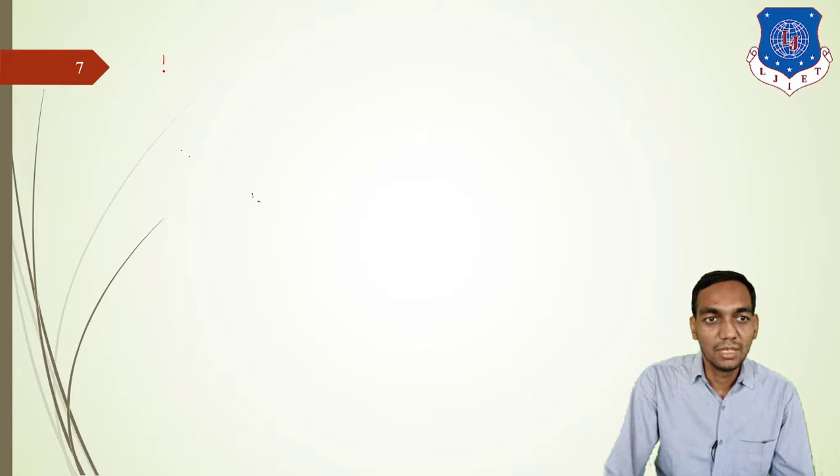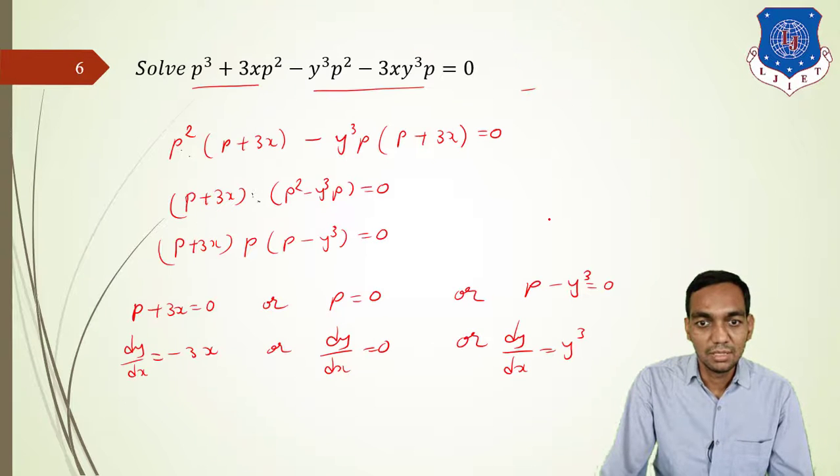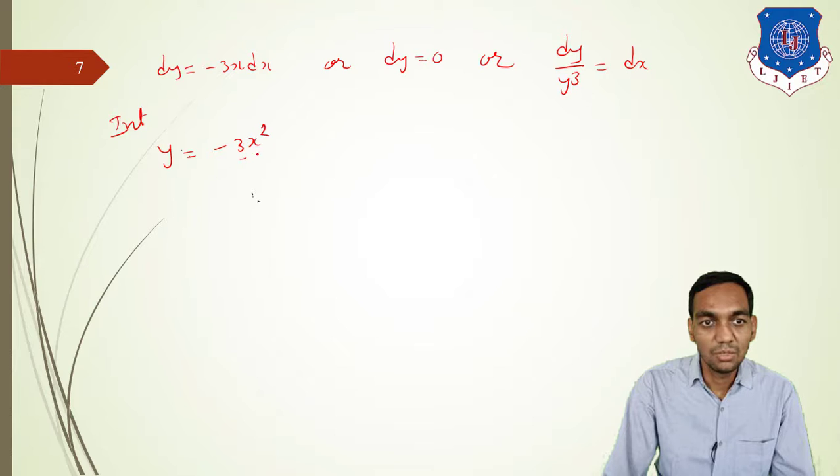So you will have dy is equal to minus 3x dx or dy is equal to 0 or dy upon y cube is equal to dx. Correct? Okay.